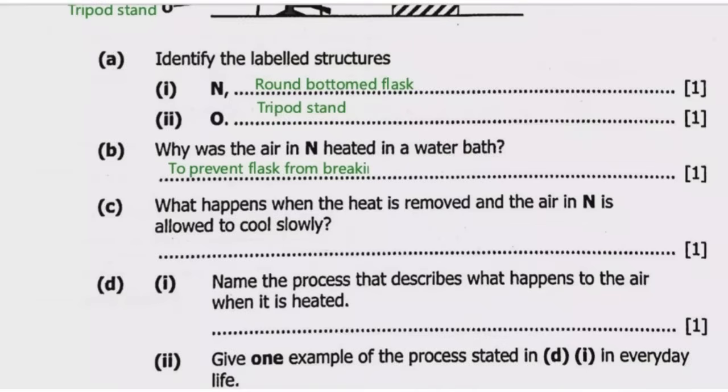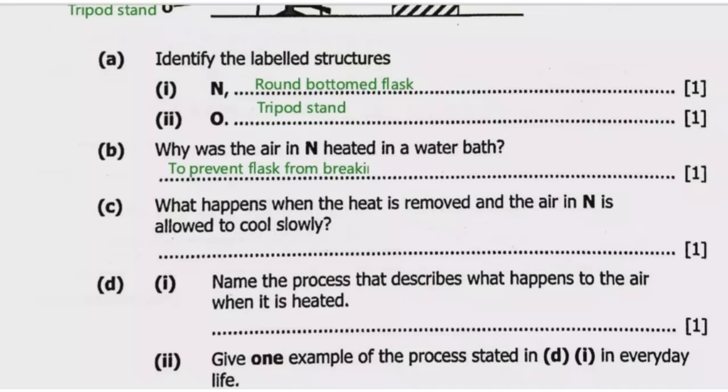Okay, now let's come to C. What happens when the heat is removed and the air in N is allowed to cool slowly? What will happen?